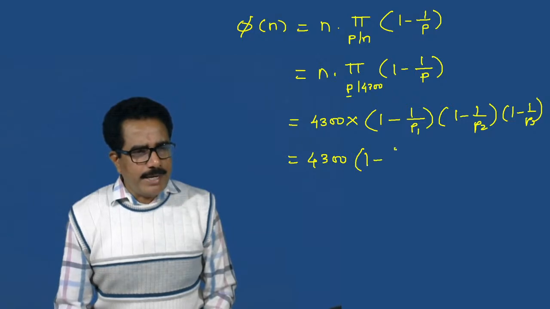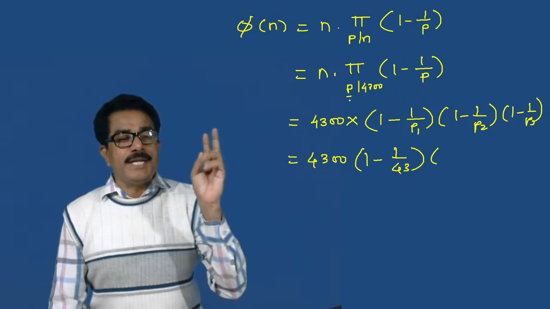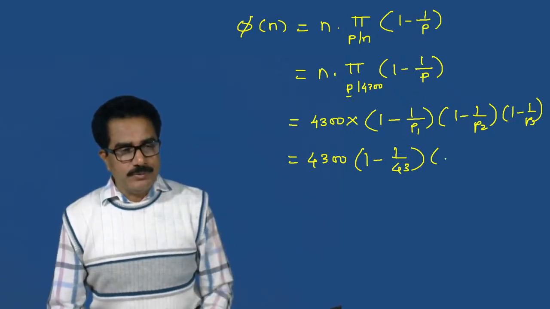4300, 1 minus 1 upon 43. How many divisors are? 3. 43, 5 and 2.